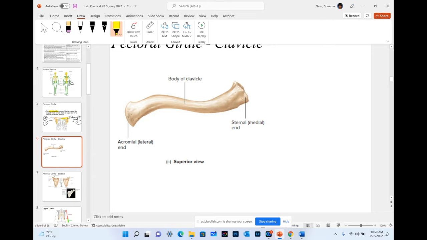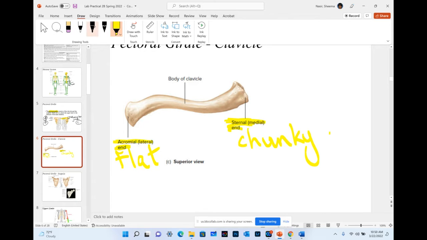The flatter part is your acromial end. That is your flat part. Do you understand? And then the chunkier part, which feels heavy and chunky, that is your sternal end. What does that mean? Sternal end is going to articulate with the sternum.